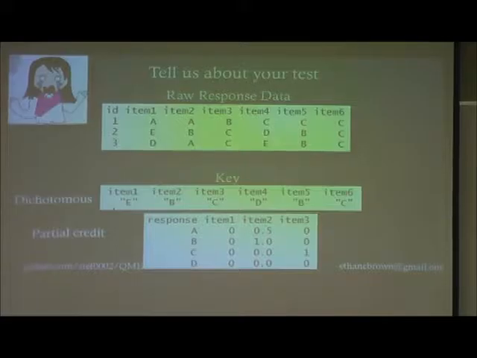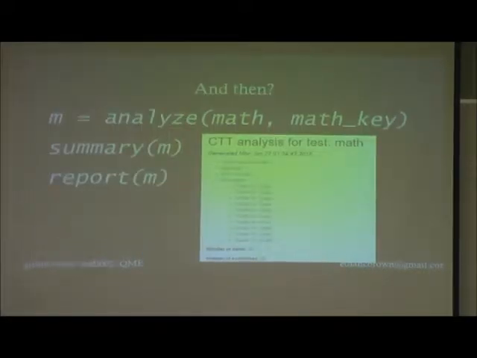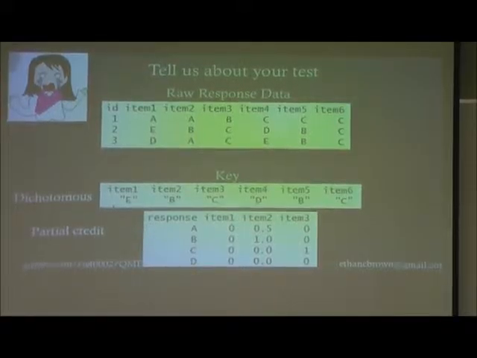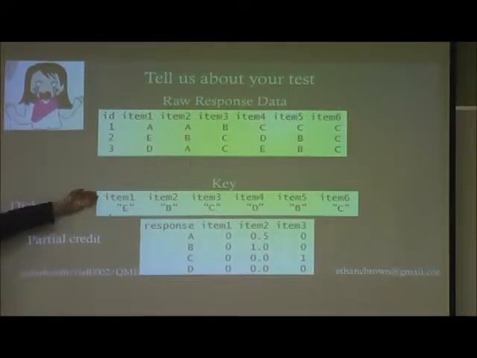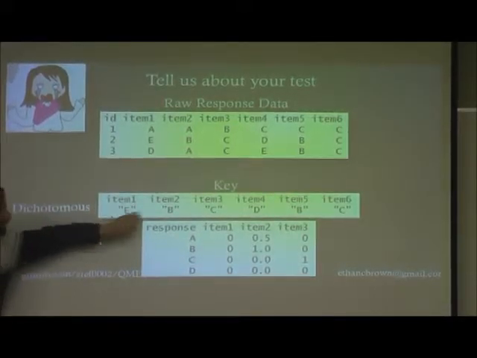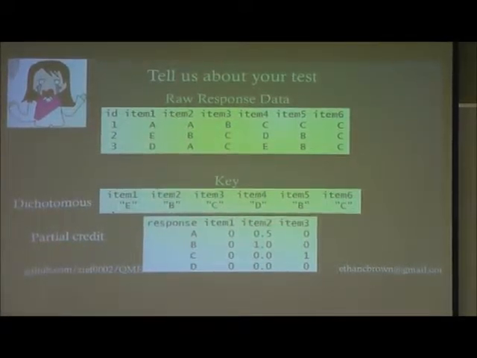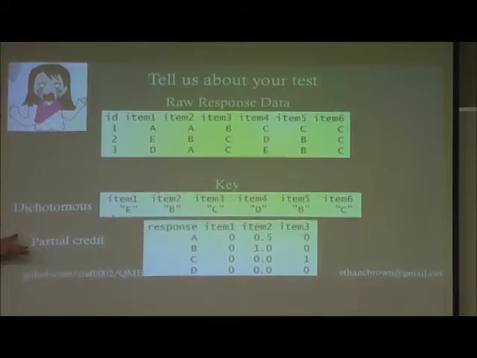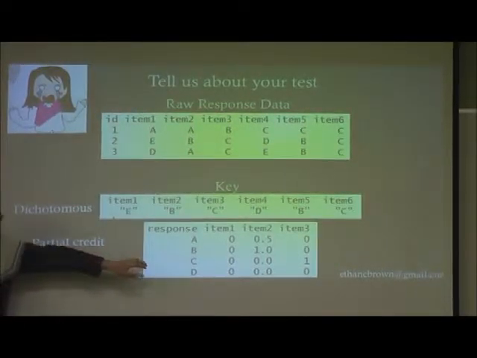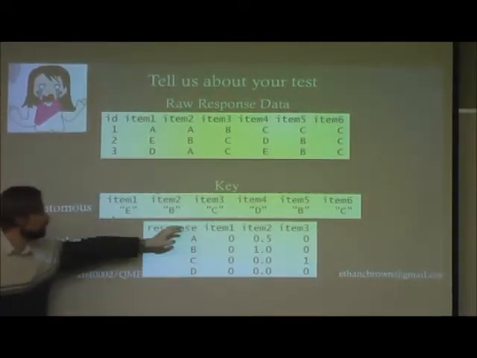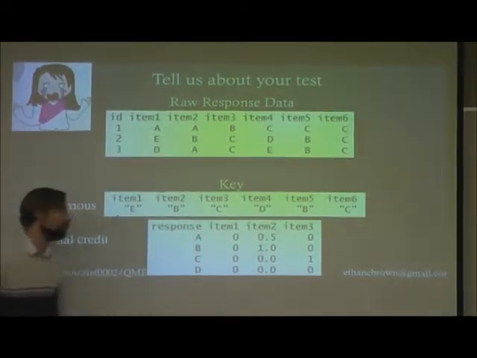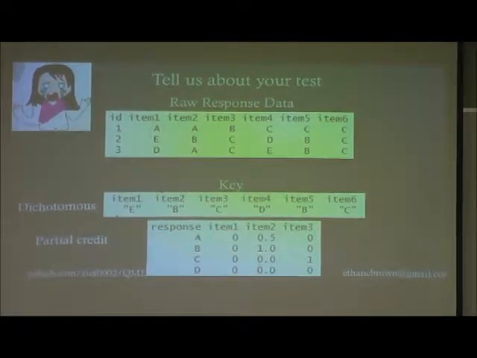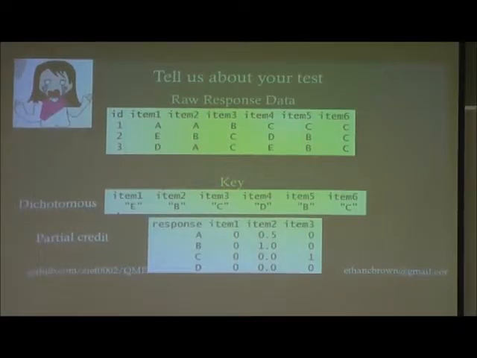If it's just right answer or wrong answer, you can just tell us the correct answers for each item. Or if you have a more complicated scoring scheme, like partial credit, you can tell us all the possible responses and the score that each response gets. So it's fairly flexible and can handle a wide variety of formats.